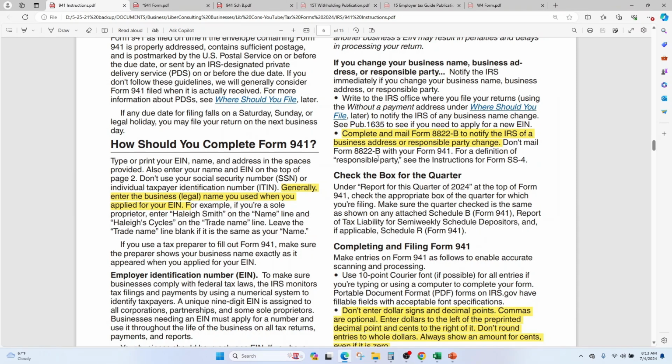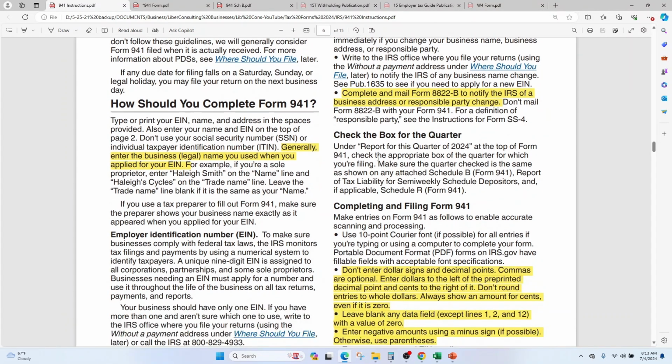We'll get to it, it's coming. The without a payment address corresponds to the state where your business is located. So generally, enter the business legal name you used when you applied for the EIN. It's very important you know the business name that you put on your EIN application form.